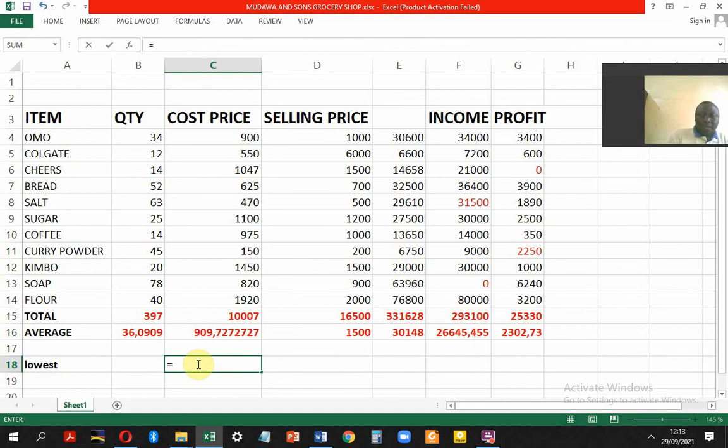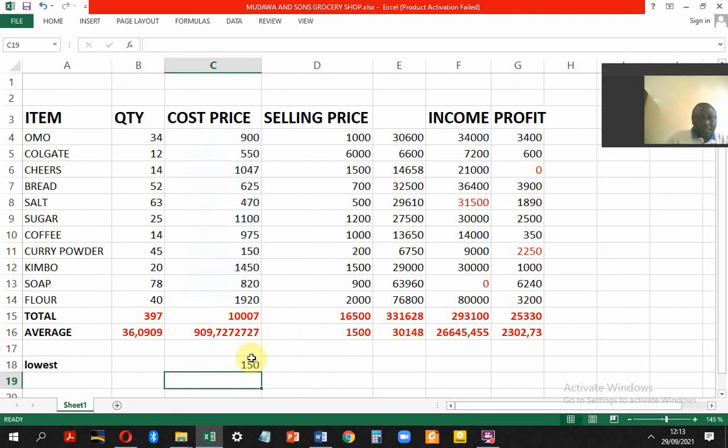Min means lowest, and then we open the brackets. We highlight from here up to C14, and then we close and enter.